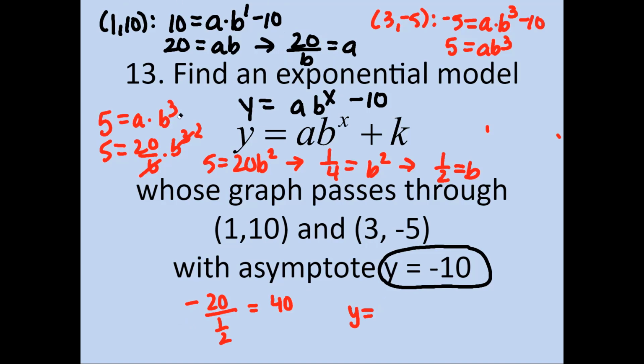Okay, I just erased the circle. Let me get it back up here. So I'm looking at this equation here for a. And so a is going to be 20 divided by 1/2, and 20 divided by 1/2 is 40. So I'm going to have y is equal to 40 times my b, which is 1/2, to the power x, minus 10. And that's your equation.